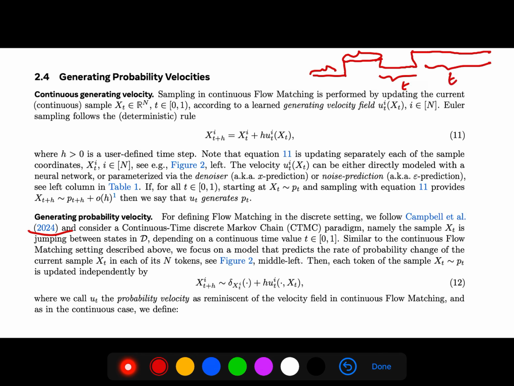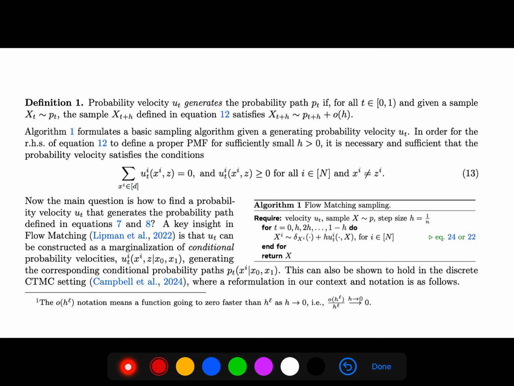This u we call probability velocity, which is reminiscent of the velocity field in continuous flow matching. Probability velocity generates the probability path, and given a sample, the sample satisfies this. You can approximate this; there is an order of h which you are ignoring.